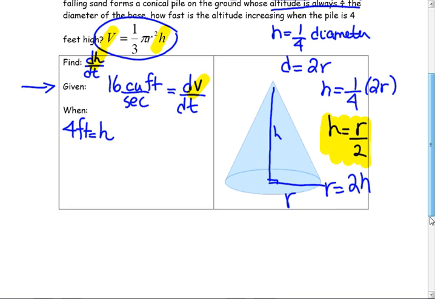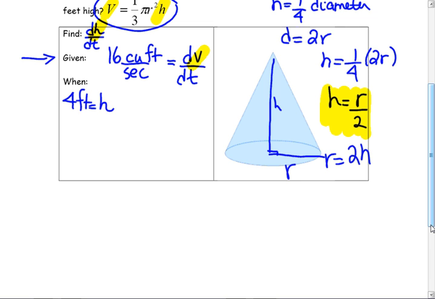As I do in algebra class, we're going to simplify. So it's 1/3 pi r squared times h, but r was 2h. If you take the derivative now, you must use the product rule, so I don't want to do that.